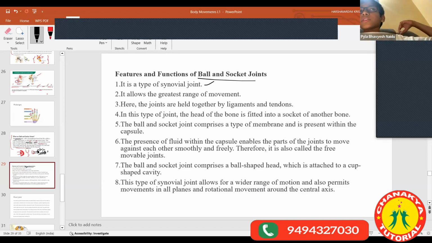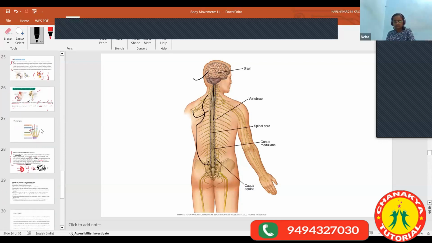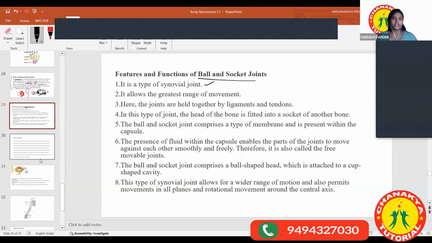In skeletons we will see it is connected to the brain and the vertebral column, the next part of the body. So as you both said, that's the right answer. So yes, it cannot be a ball and socket.